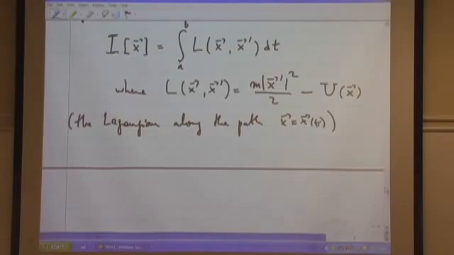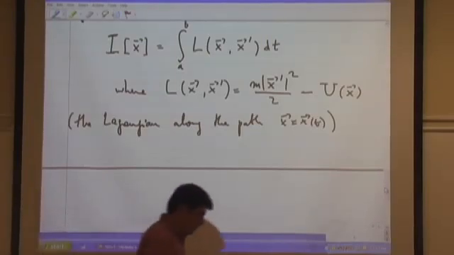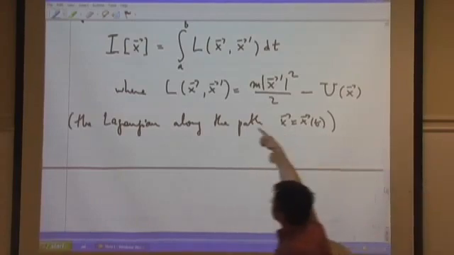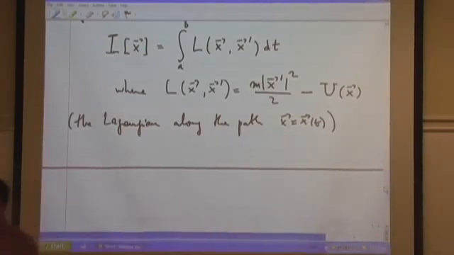Just think of this expression that you integrate, and the fact that Newton's law of motion is, as we'll see, actually the Euler-Lagrange equation for this functional.